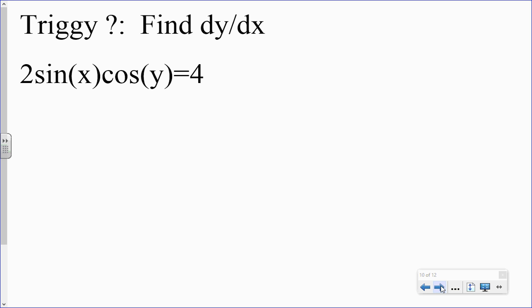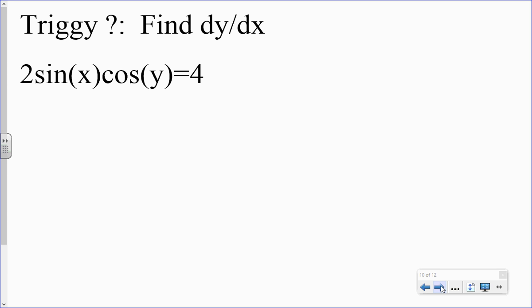So we need to keep it like this, but since y is inside of our function with everything else, it is written implicitly. Now, 2 sine x cosine y. What is that? It is a product, which means we need to use the product rule.